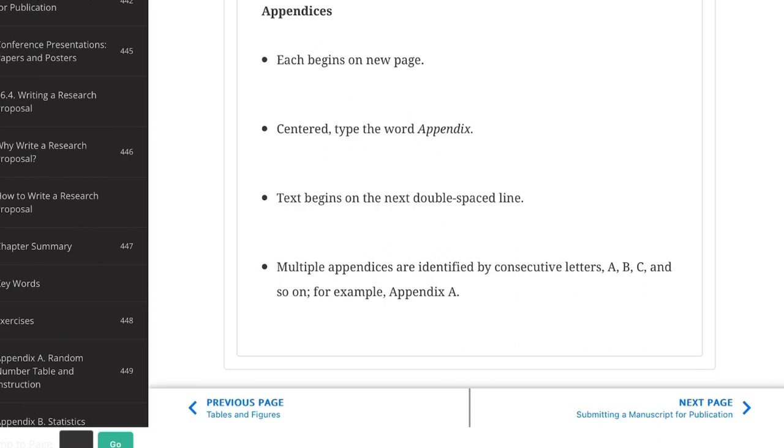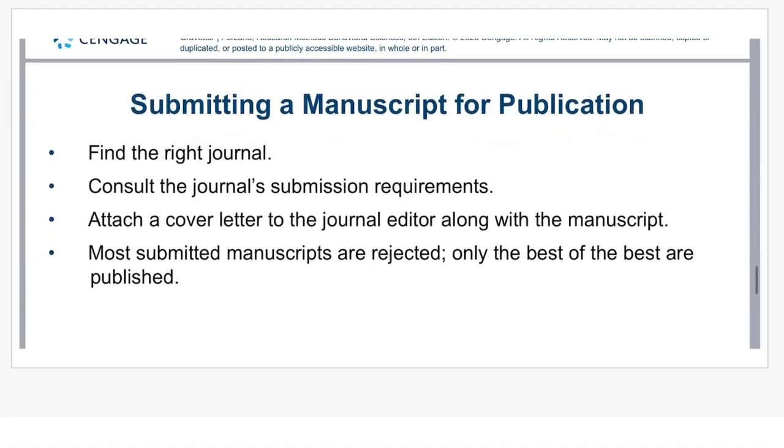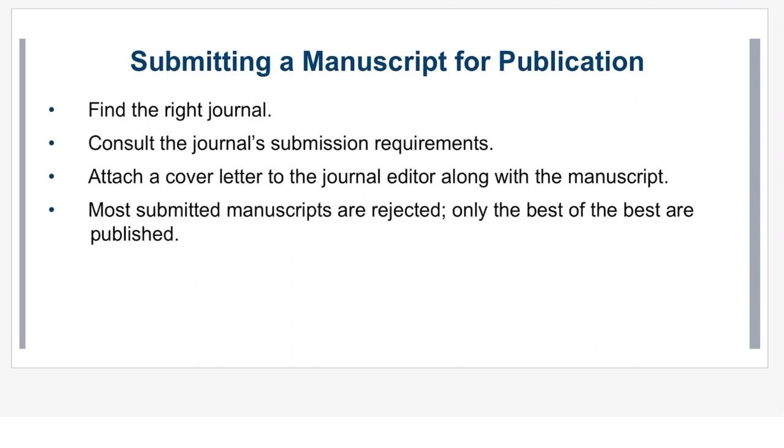Now, you may also wonder how you would submit a research report, or also what is called a manuscript, for publication. The first step in that process is finding the right journal to publish it in.